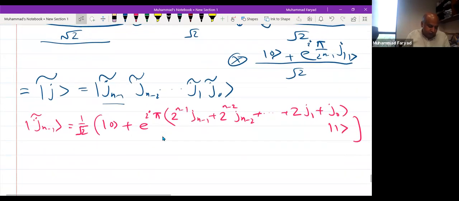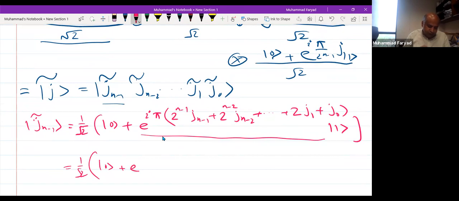Now, if we look at these exponentials, we can see one thing. First of all, I can write it into different terms. Let me also take 2 common out of here. If I take 2 common, this becomes 2 pi, and then this becomes 2 power n minus 2.